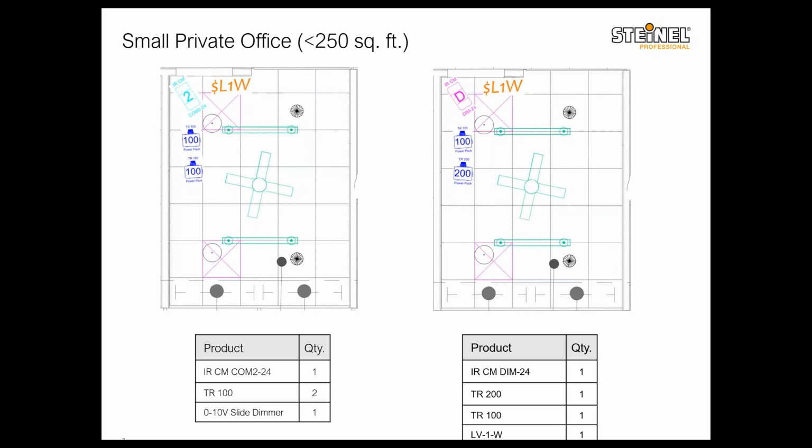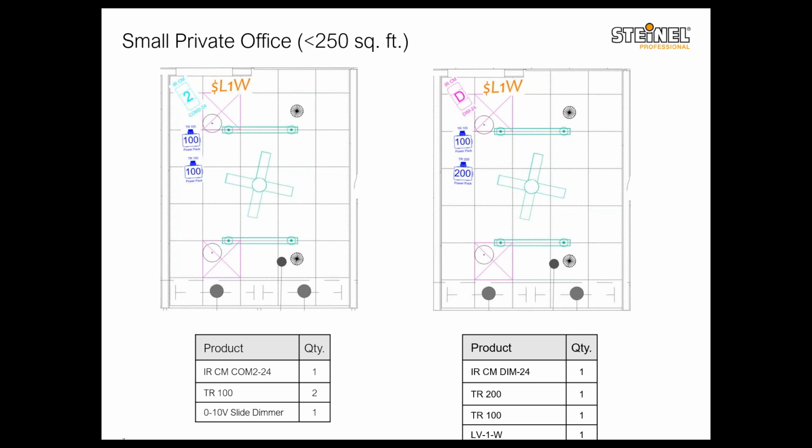These offices may have windows and you can define a daylight control zone, but as we will talk about in more detail in the next slides, they won't qualify for the requirement to have daylight responsive control. So we don't have to worry about that, and this solution meets the code requirements completely.